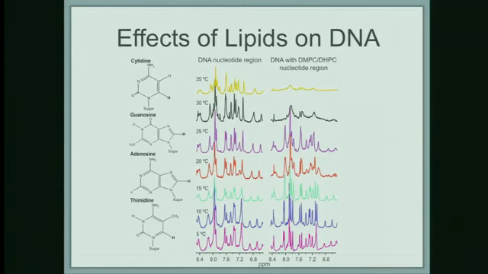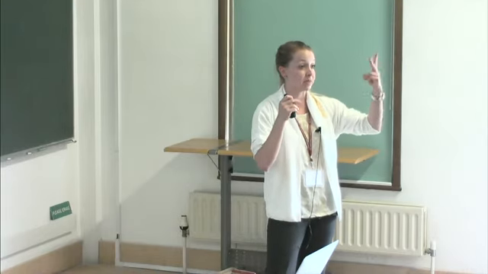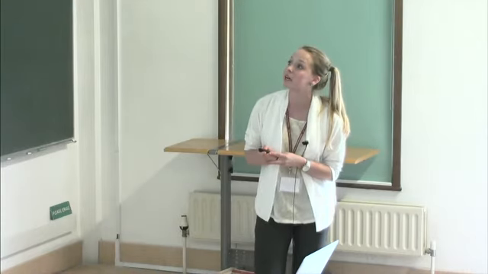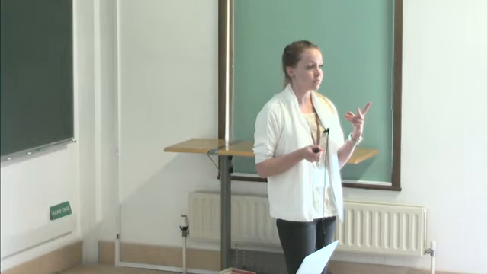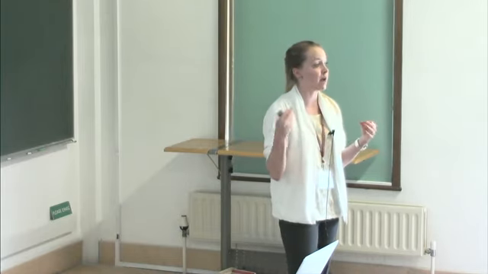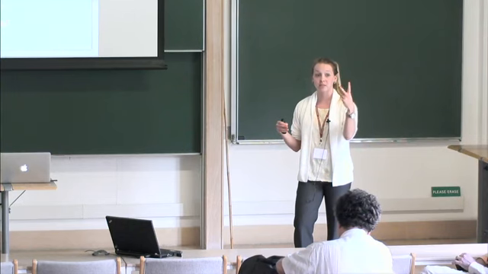The main splittings I'm interested in are from these cytidine protons, because they can couple to each other, and therefore I'm able to see doublet peaks, such as these right here. I don't know if you can tell. What I want to see is if the DNA is able to be weakly aligned by the lipids, I should see a change in those splittings.